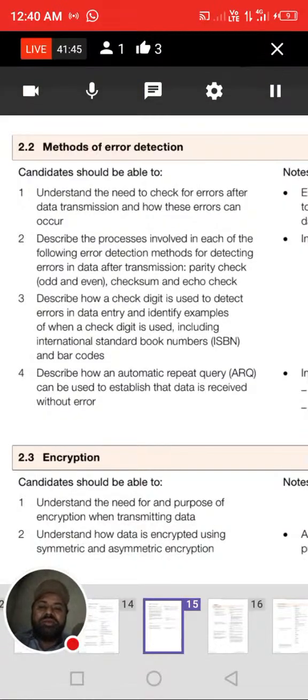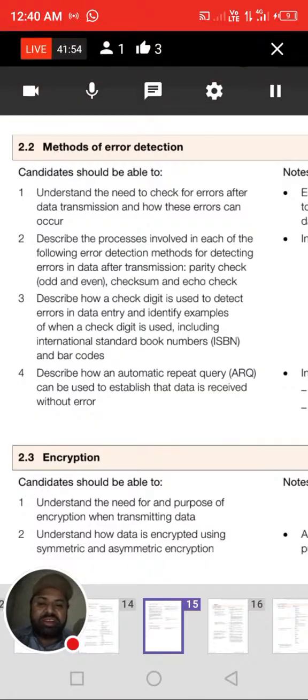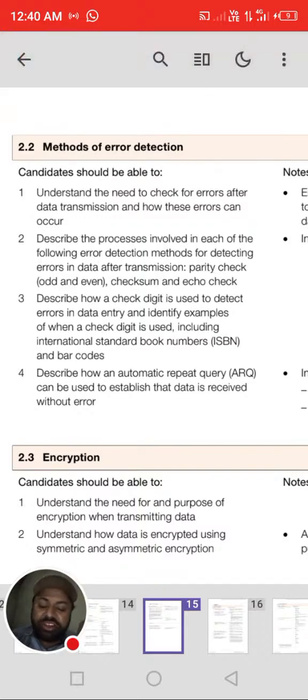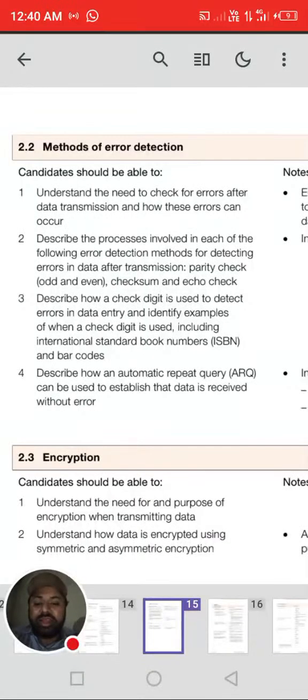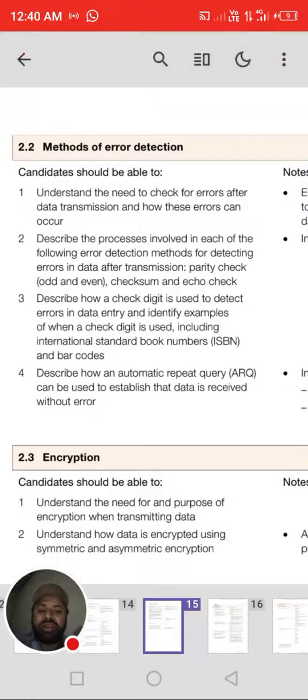Then come the methods of error detection. When we send data from source to destination, it may be lost. So there are different techniques available, which are mandatory to check before the data reaches the destination, and we will cover these techniques, including how automatic repeat request can be utilized.